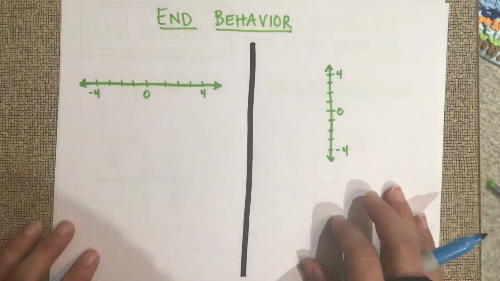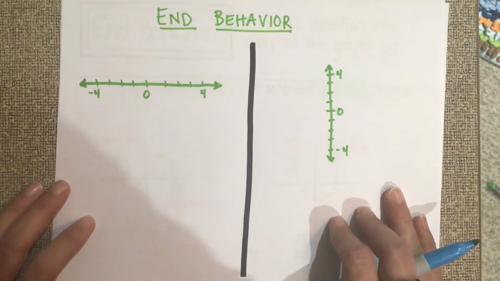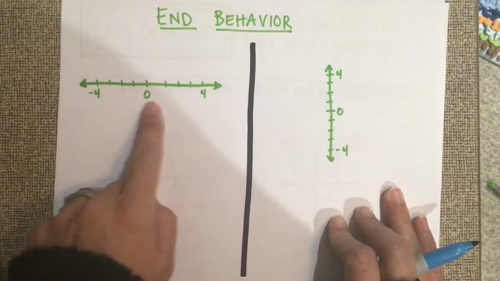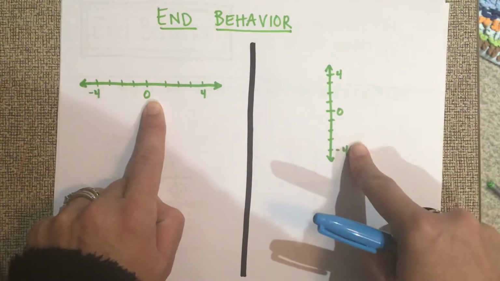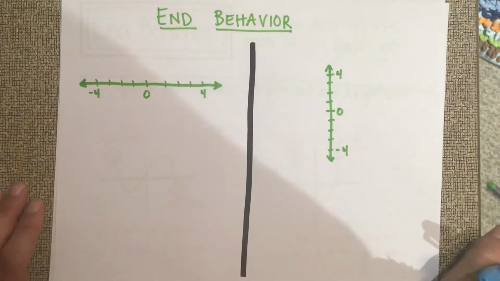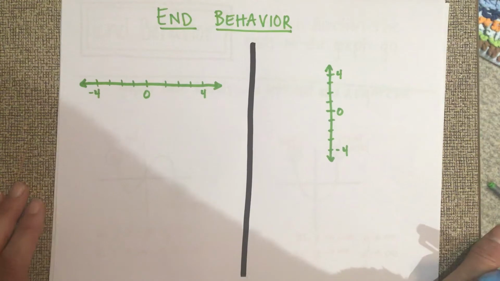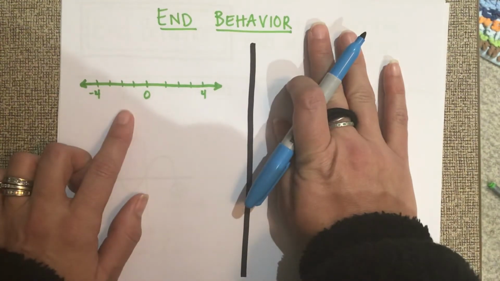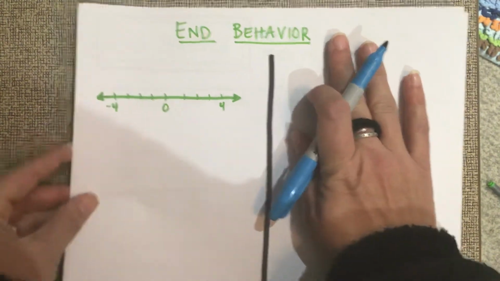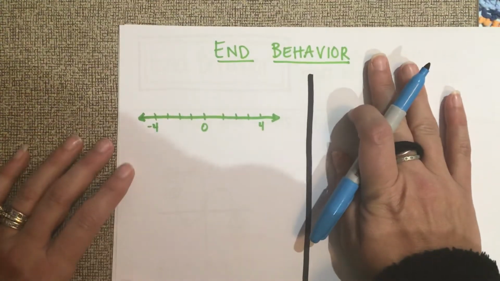Let's look at this. Okay, so we all know that a coordinate plane is just a number line that is horizontal and a number line that's vertical, and we just put that together and that makes a coordinate plane. So let's just focus right now on our horizontal number line.